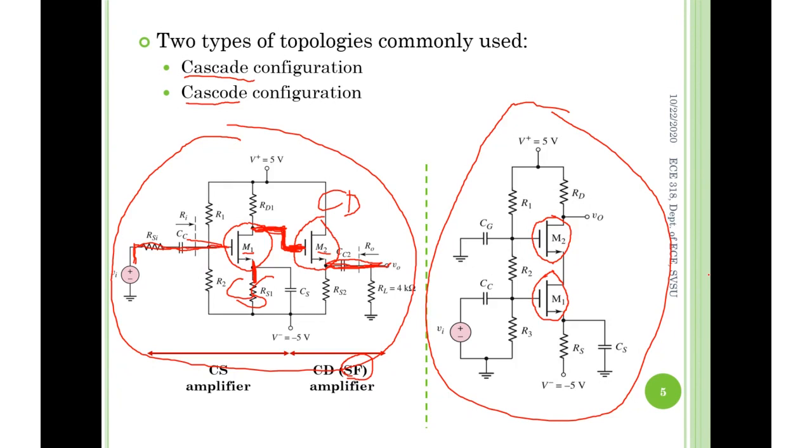No, you can't guess in the exam, otherwise the grade is going to be a disaster. You need to mute. Is there such thing as common gate, or is it only source and drain? You mean M1 is common gate?